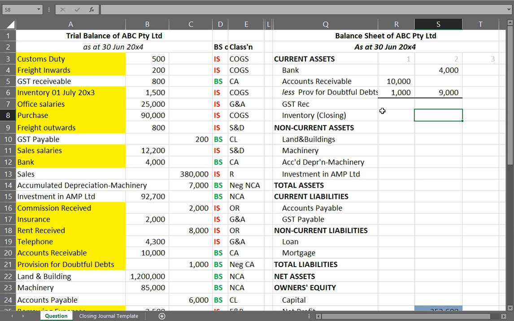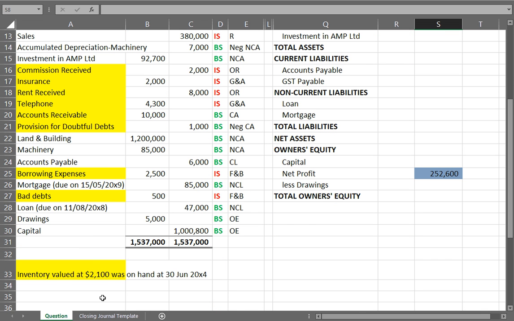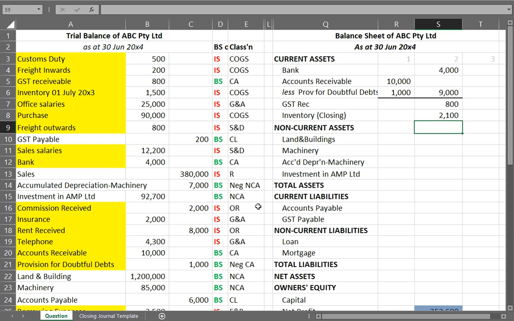Okay, GST receivable is over here, and it's $800. Closing stock. Remember, we don't need opening because we used that in income statement. We really need to go back to closing stock over here. Okay, now we can calculate total assets or total current assets. Okay, how do we do it?